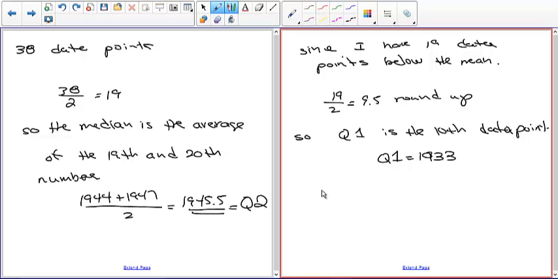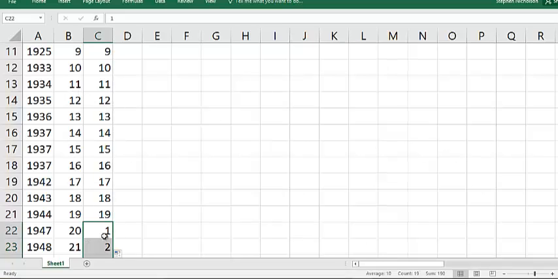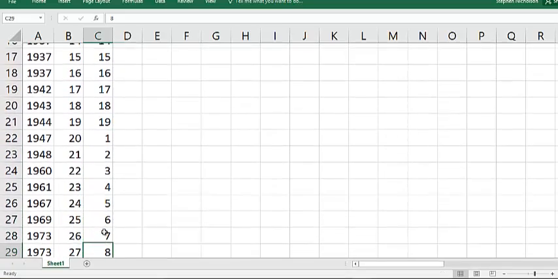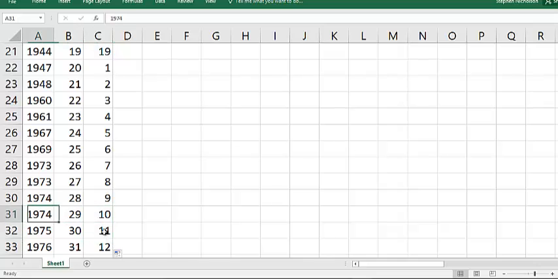And then Q3 is the median of the top 19 data points. Again, because I've already listed those here, I just count to the 10th data point, which turns out to be 1974.